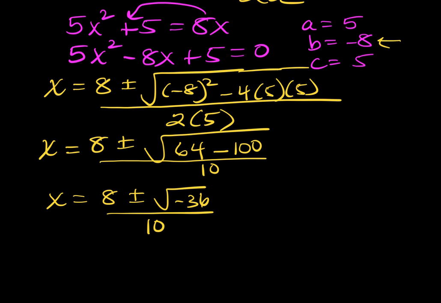So look at that. Back to what we did in another one of our videos, we have a negative under the square root. So we're going to simplify it using i. Whenever it comes up, now we'll use i. So I'm going to rewrite this as 8 plus or minus, and the square root of -36 is going to simplify to 6i.